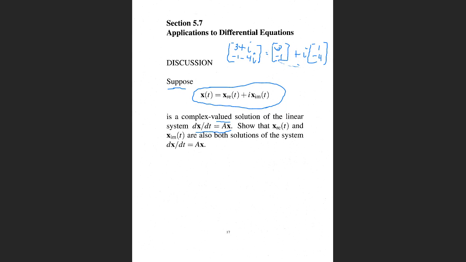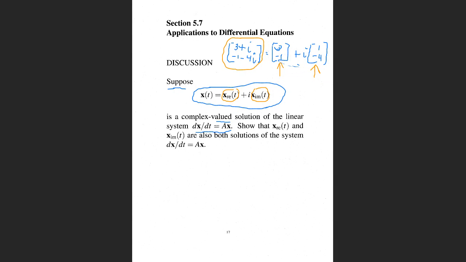You can rewrite a complex vector as a vector with real numbers in it, plus i times another vector with real numbers in it. So this vector, x real of t, and this vector, x imaginary of t, have real numbers in it.